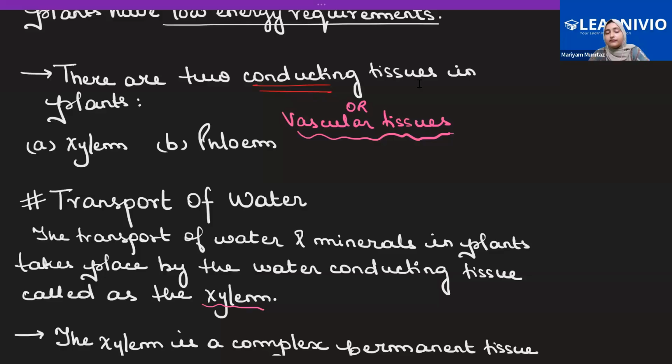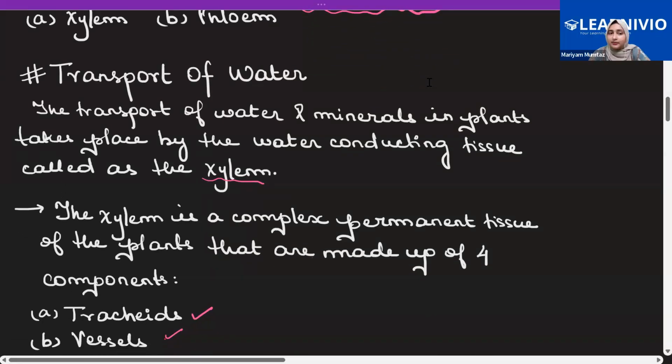So what happens is that xylem is the tissue responsible for the transportation of water and minerals, whereas the phloem is responsible for the transportation of the food material. The transportation of water and minerals in the plants takes place by xylem.